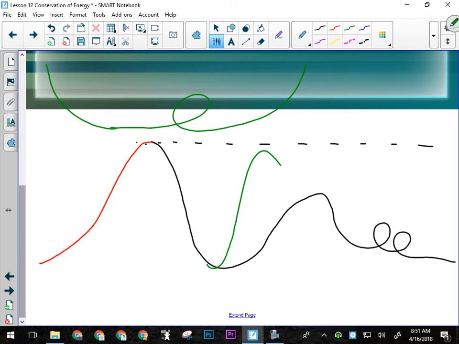Most other roller coasters, space isn't an issue. They build them big, quite a bit wider and not as tight, but the loops on the Mindbender are very tight. So as a result, there's a high G-force inside of them. Everyone know what I mean by G-force? We'll talk a little bit more about that in the circles unit, but that's kind of where we're headed.